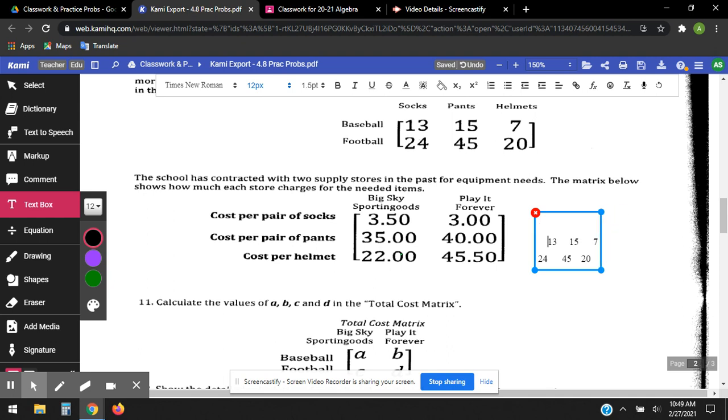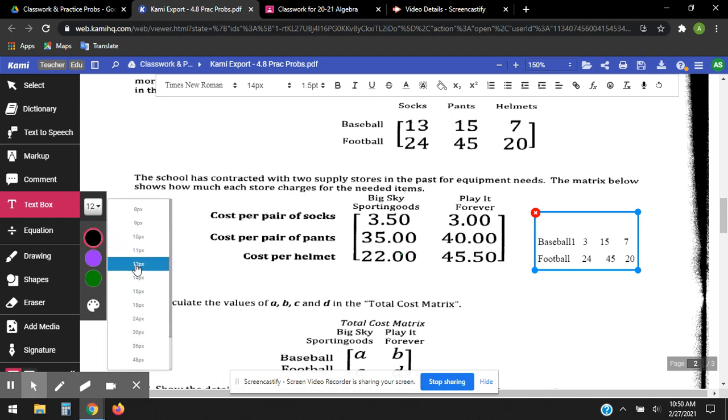Baseball. And then we have football. And then this was socks, pants, helmet. Okay.